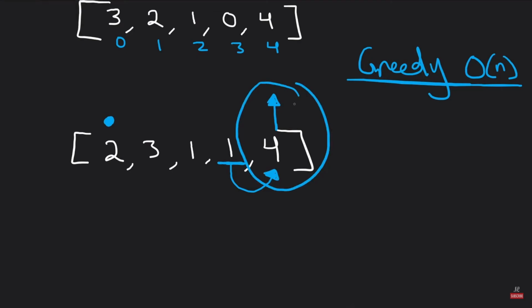What does that tell us? Doesn't that tell us that we don't actually need to reach this position anymore? Let's say we're starting over here, this guy can literally reach the end position. We know for a fact this guy can reach the end position which we're trying to reach.